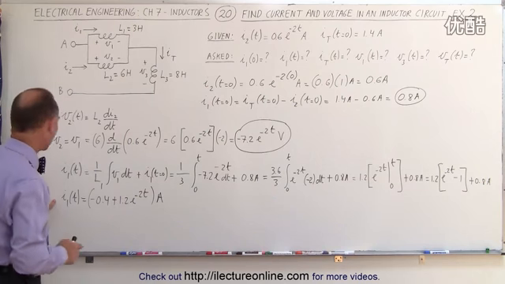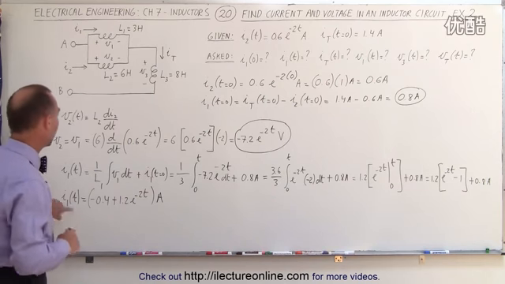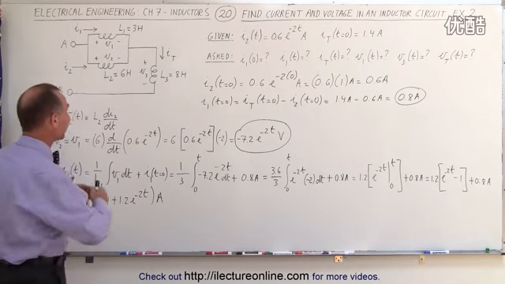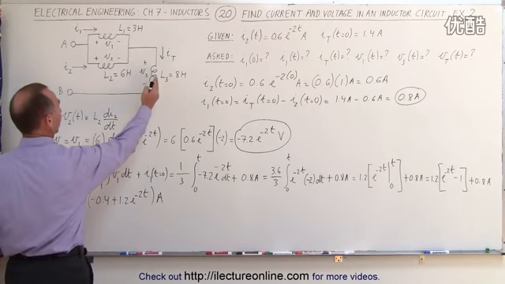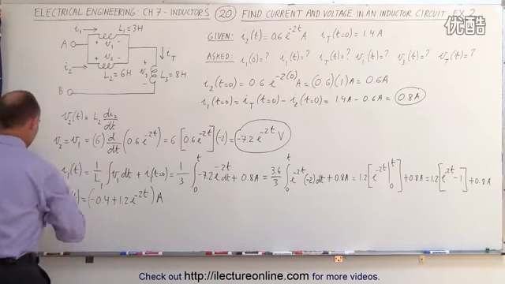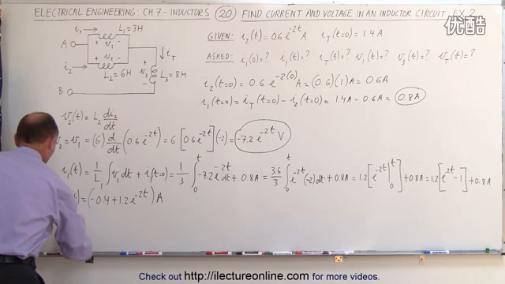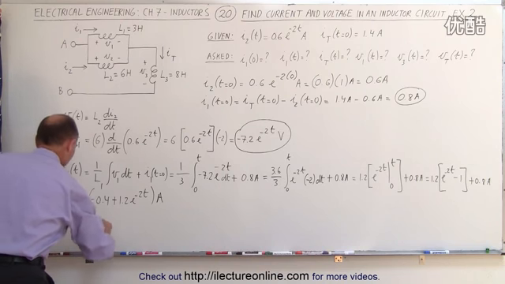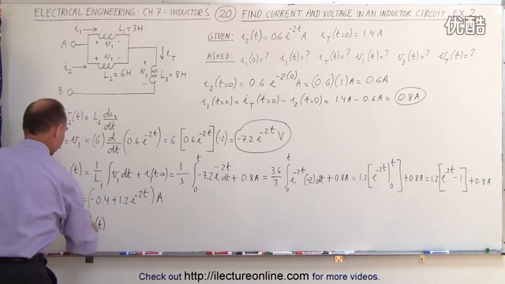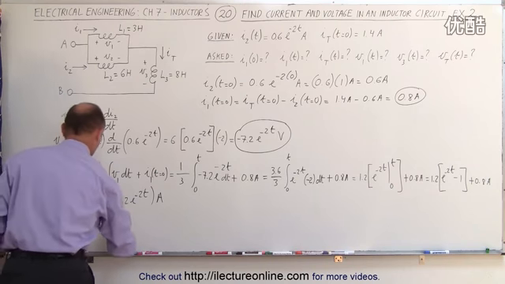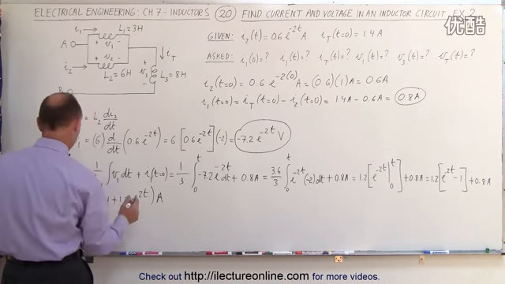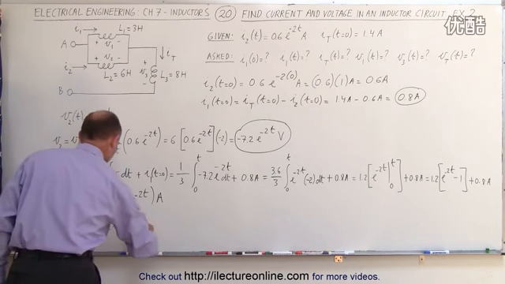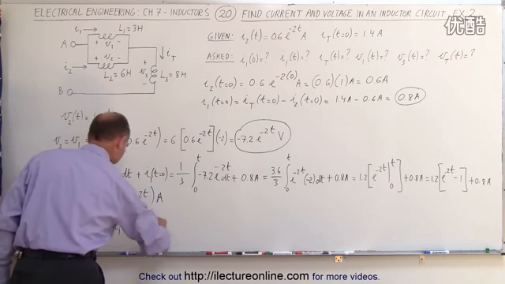So now we have the current through inductor 1, we have the current through inductor 2. When we add those two together, that gives us the total current, which is also the current through inductor 3. So we can say that I total as a function of time, which is equal to the current through inductor 3 as a function of time, which is equal to I1 as a function of time plus I2 as a function of time.